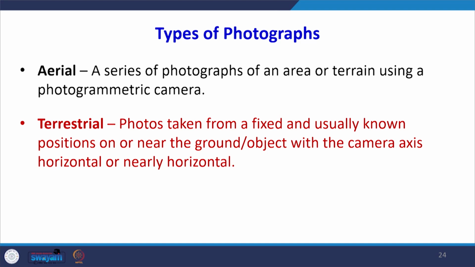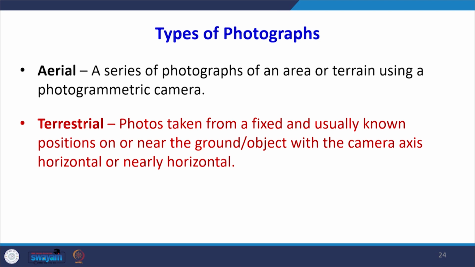Now I would like to tell you that there are basically two broad types of photographs available to us. One is the aerial, where the camera is mounted in the aircraft, and we are taking the images looking downward, taking images of the ground with the help of that photogrammetric camera. So this is called aerial images, aerial photographs.